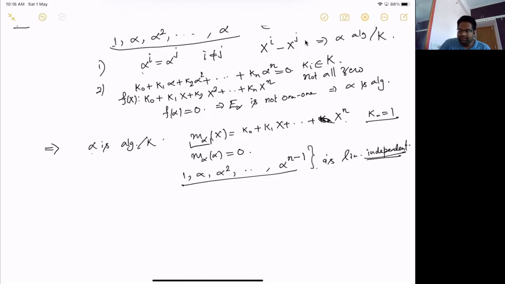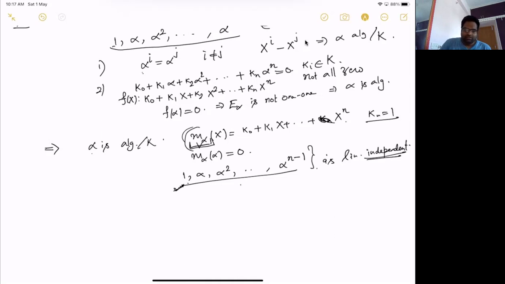But that would contradict the definition of minimal polynomial, because the minimal polynomial has degree n, and a non-trivial linear combination between these elements would give a polynomial of degree at most n minus 1. And therefore, this must be linearly independent.